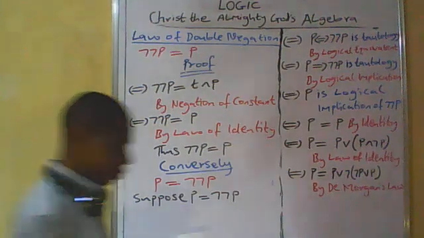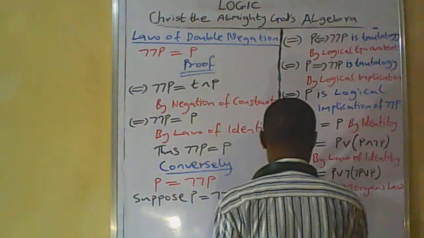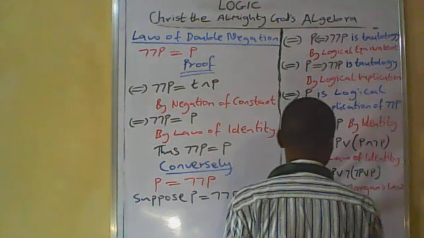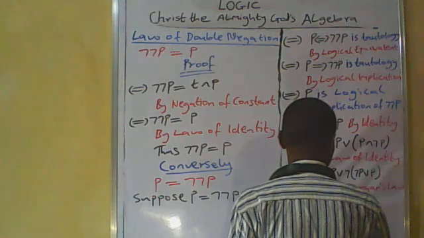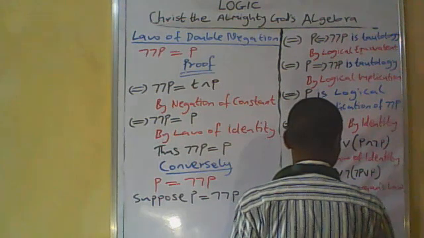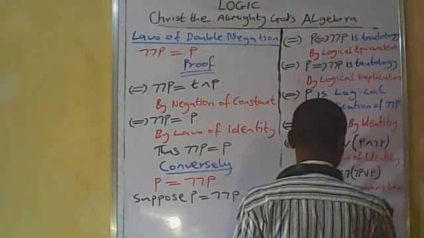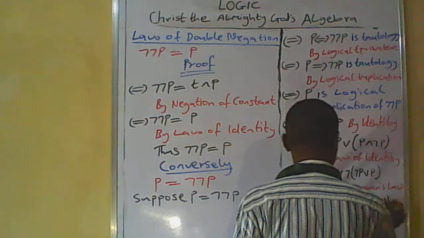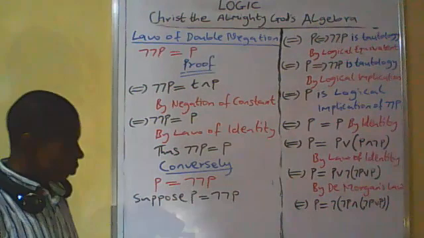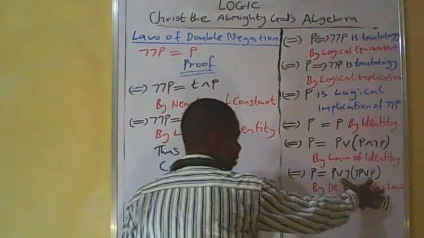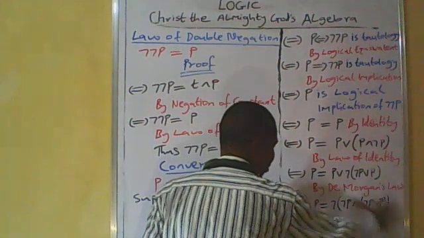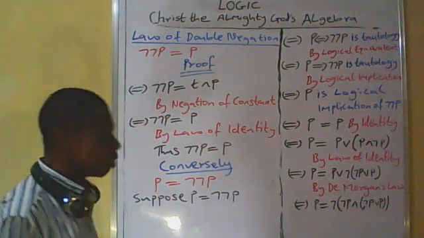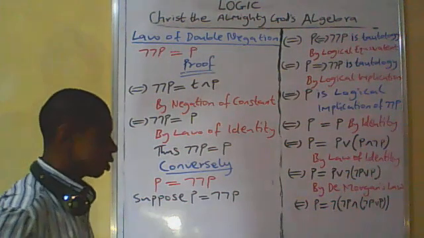So if and only if P is equal to not bracket not P and bracket not P or P. We also substitute this statement with not bracket not P and bracket not P or P, all in bracket, by De Morgan's law.